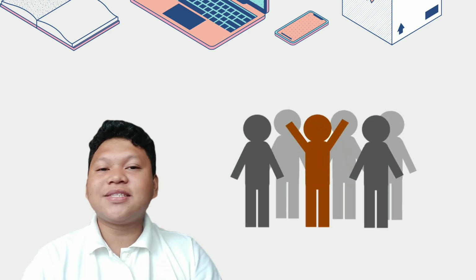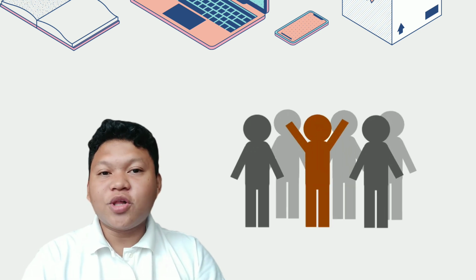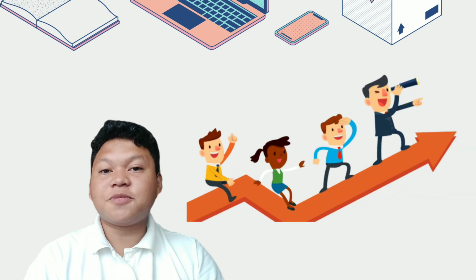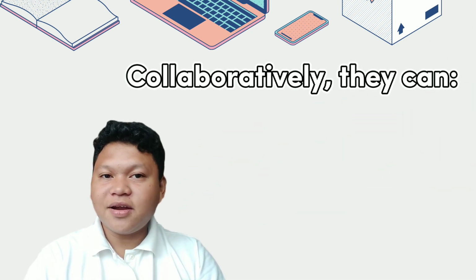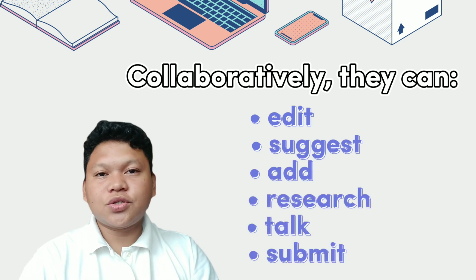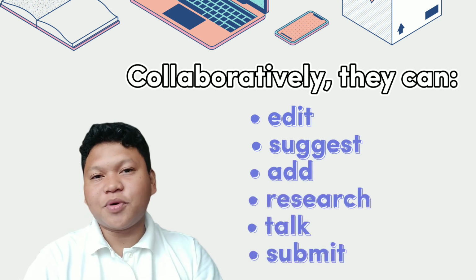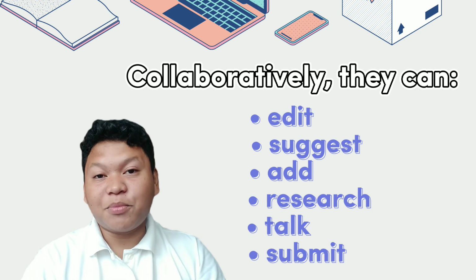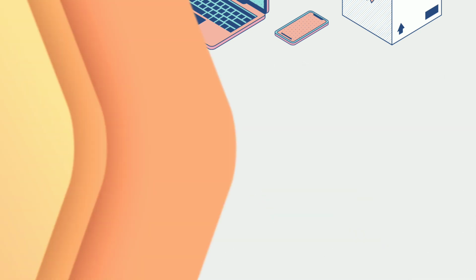These software and applications allowed students in group works to work collaboratively to finish a specific task. Together, they can edit, suggest, add, research, talk, and submit one single output that is done with their collaborative efforts.